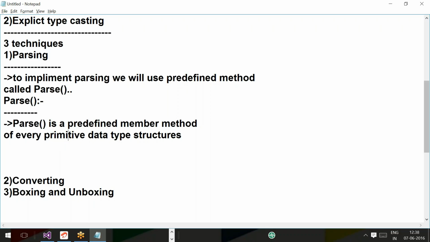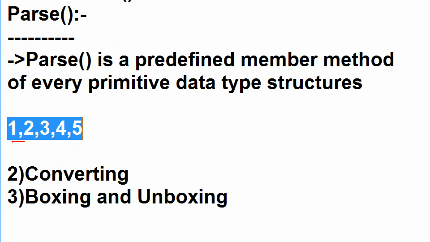I said it is a member method of every primitive data type structure. My question is, among the five data types in .NET, which are structures and which are classes, Kalyani?